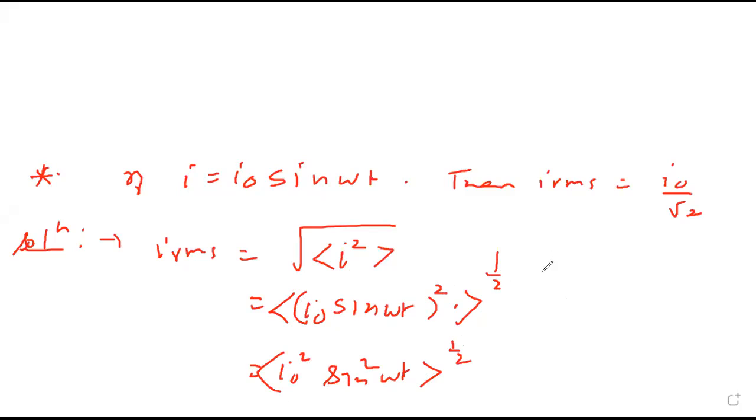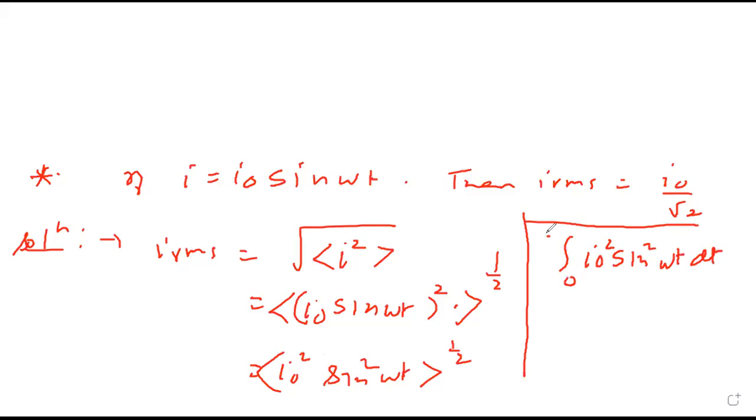So I0 sine square omega t का mean means average, then it is इसका पूरे का integration पूरे का, which is I0 square sine square omega t dt for one cycle upon, देखो स्क्वायर किया है इसलिए वन साइकिल लेना है, upon integration of dt for 0 to T, and then whatever answer comes uska square root. Please copy this much.